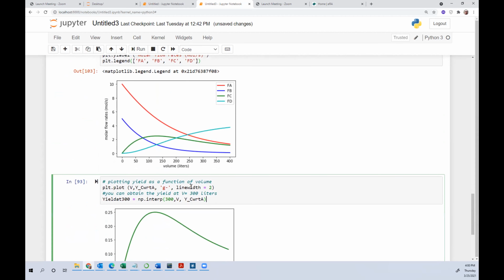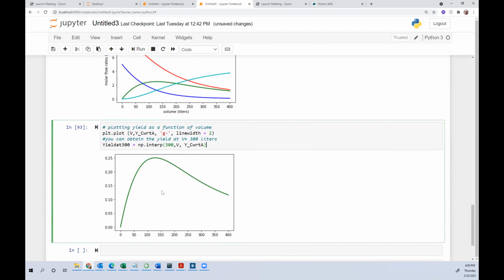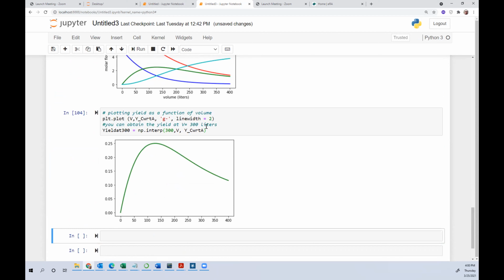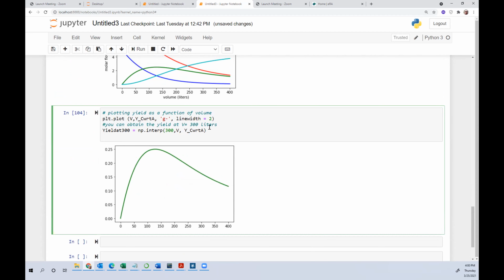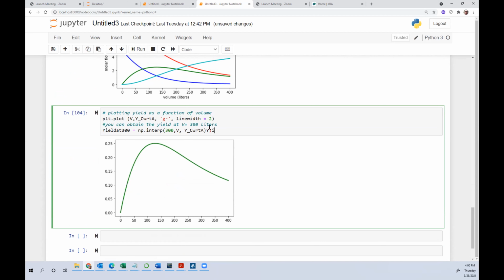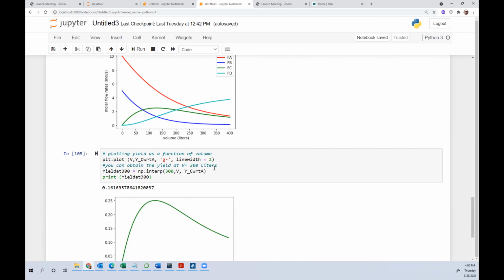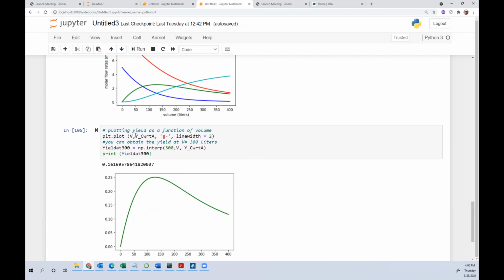And the question of what the yield looks like, let's see. Why did it not? Oh, I know what's happening. Let's see if that works. Yeah, okay.